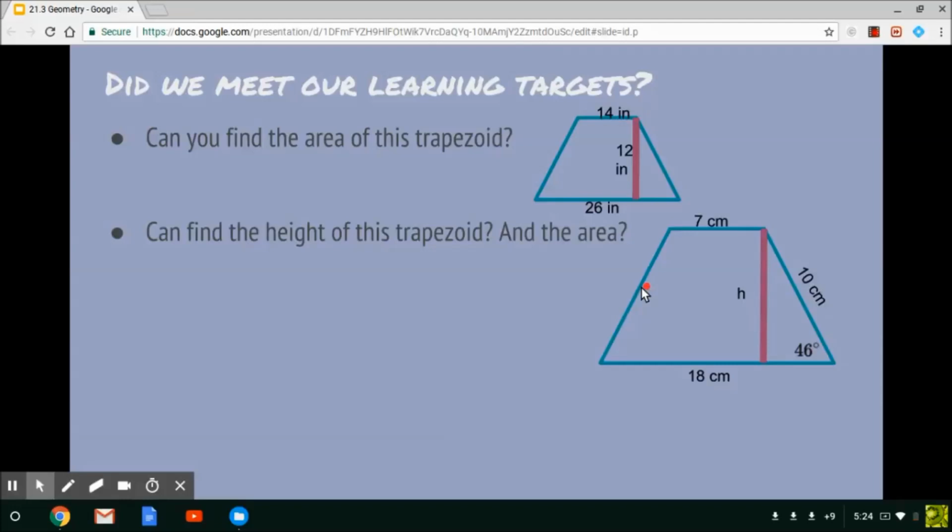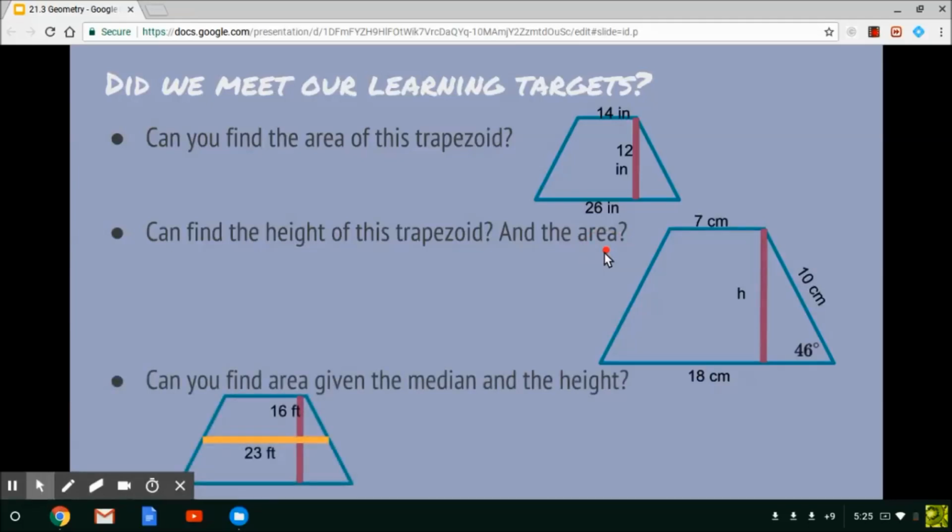So remember, you have to be able to find the height and then use the height to find the area. And then for this trapezoid, finding the area given the median and the height. So if the median is 23 and the height is 16.